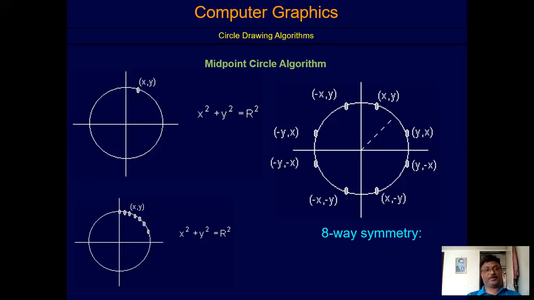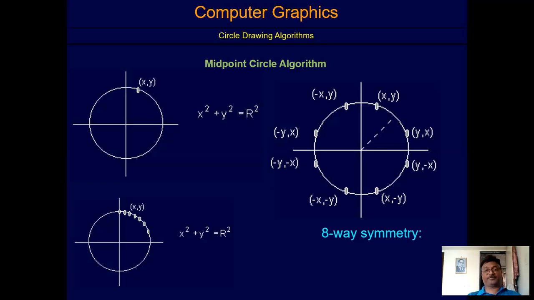If this condition is satisfied with the r, then our epsilon value is equal to what? 2 raised to power minus n. 2 raised to power minus n is our epsilon value. That epsilon value you have to put in the x increment and y increment, and then you have calculated the circle.